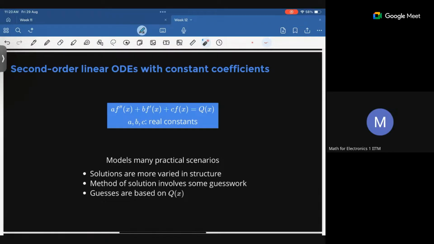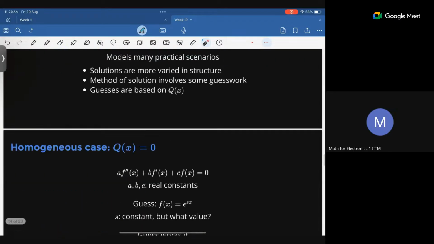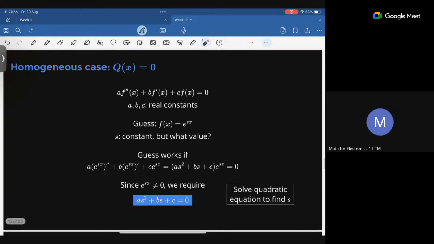If q of x is something constant or some sinusoid, then it is not homogeneous. The homogeneous case is very simple: a second order differential equation with 0 on the right hand side.